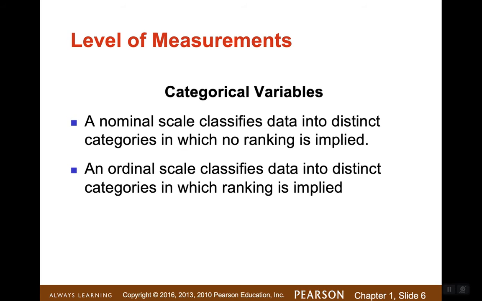An ordinal scale classifies data into categories in which there is some type of ranking, like low, medium, high. Whereas there's no ranking in eye color or handedness.